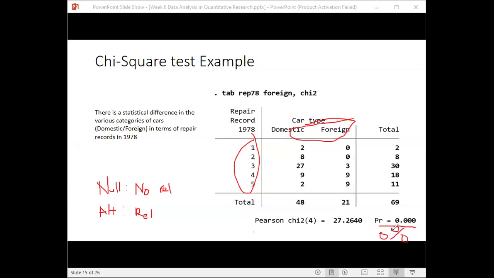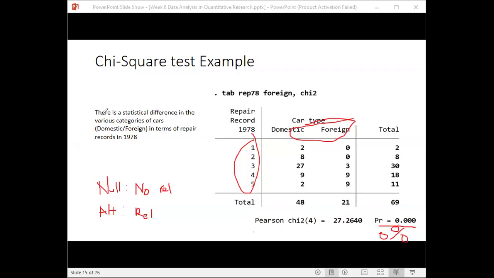If you convert to percent, it is just like saying 0%. So if you compare to 1%, 0% is less than 1%. You don't have to even go to 5 and 10 because it's already less than 1%. So it is very strong. It's telling you that you clearly will have to reject the null hypothesis based on the rule we've spoken about and go for the alternative hypothesis, saying that there is a relationship between the repair record in 1978 and the different types of cars that existed.